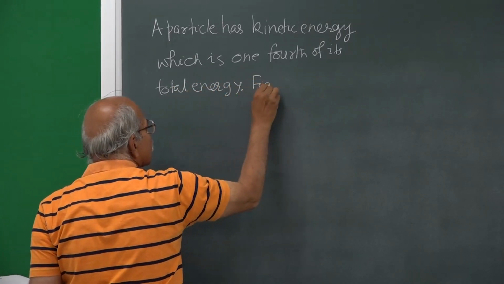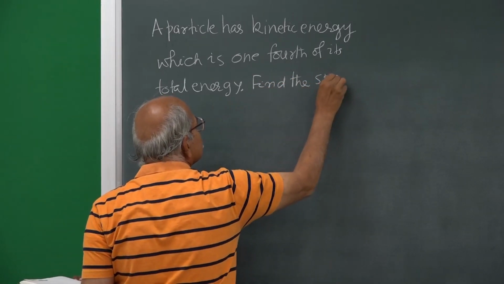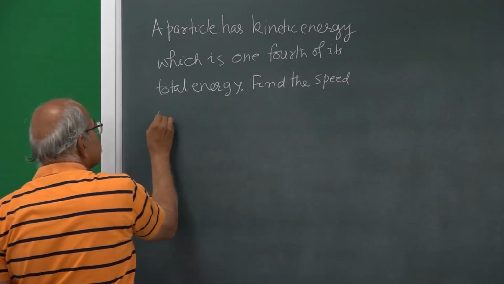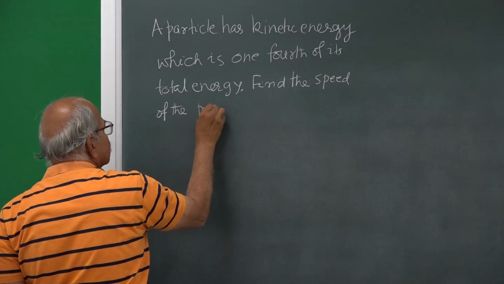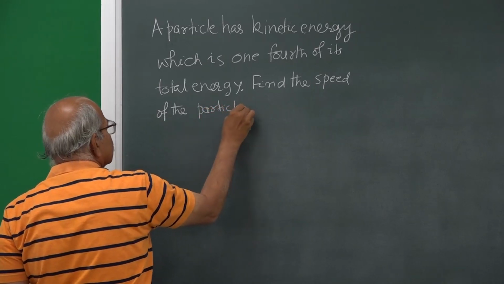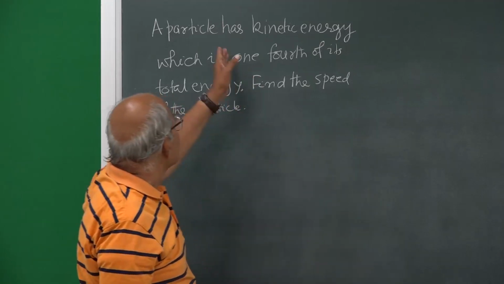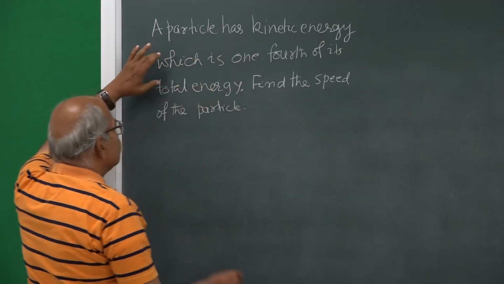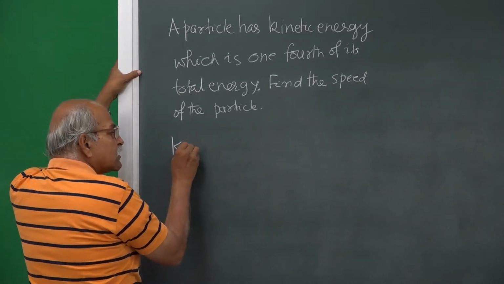Find the speed of the particle. So, a particle has kinetic energy which is 1/4 of its total energy. Now, what is kinetic energy and what is total energy?